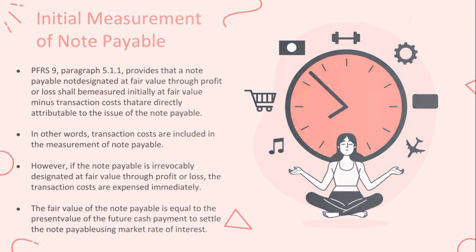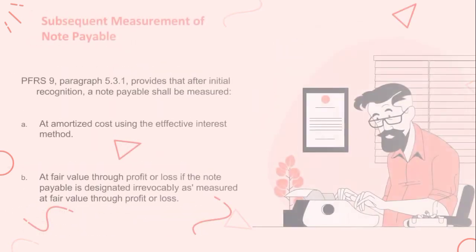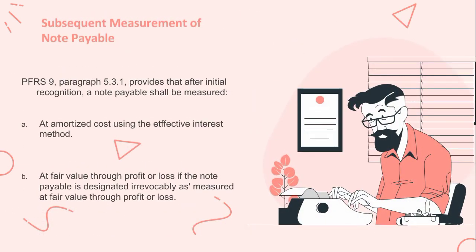Let's move on. Since it was already discussed in bonds payable, it will be easy for you to understand. We have the subsequent measurement of note payable after the initial recognition, stated in PFRS 9, paragraph 5.3.1. It provides that after initial recognition, a note payable shall be measured at amortized cost using the effective interest method.